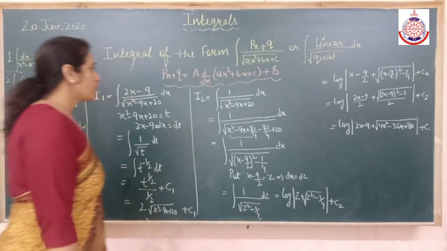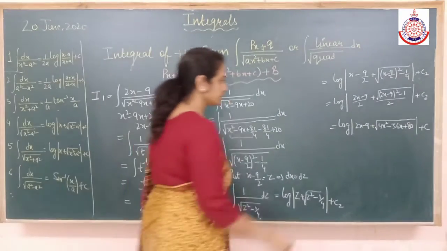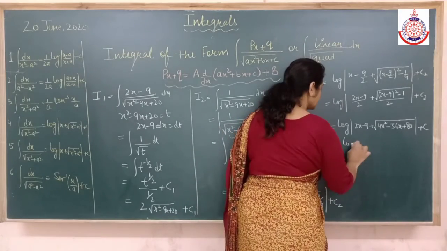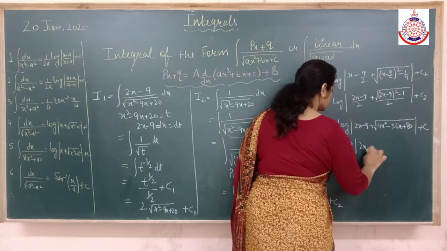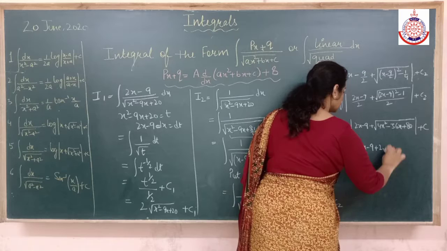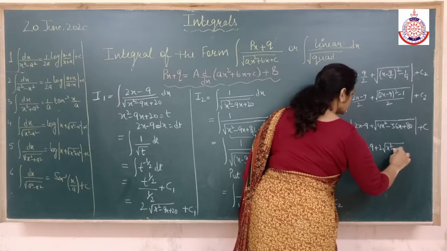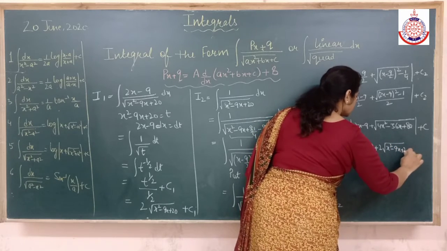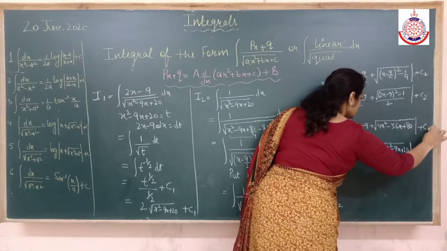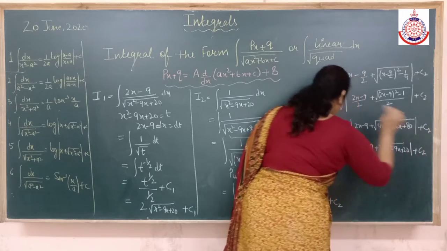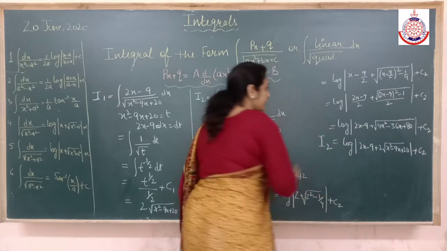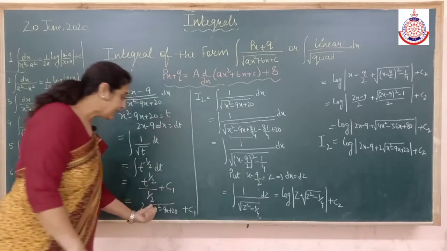So I can take 4 out. So this is the value of I2, this is the value of I1.